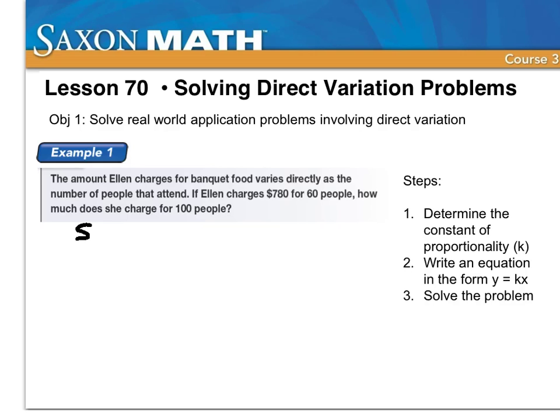Well, I know that the money that Ellen makes, here the money that she charges total, is going to equal the money that she charges per person, so that should be the same for each person, times the number of people that attend.